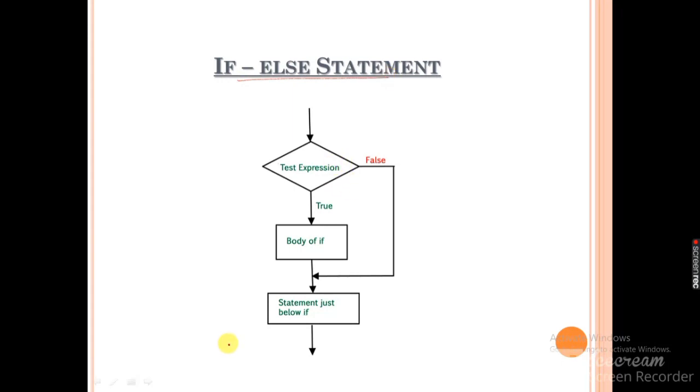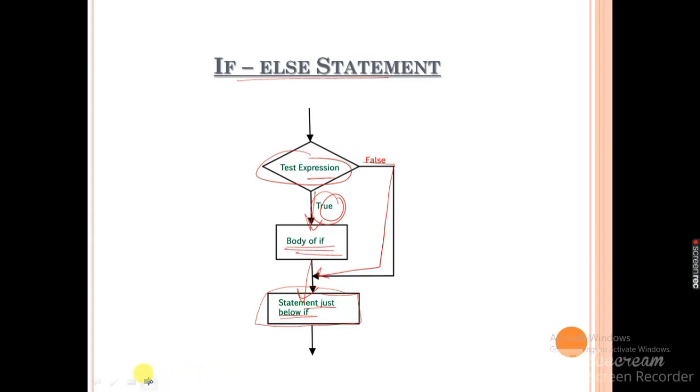Here it will first check the test expression. If the test expression is false, it will skip to the statement just below if. But if the test expression is true, it will run the body of the if statement and then continue with the statement written just below if.